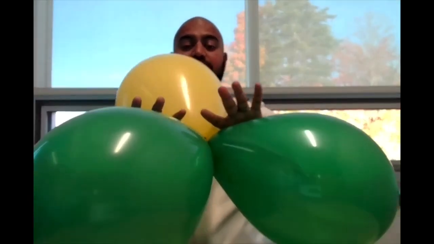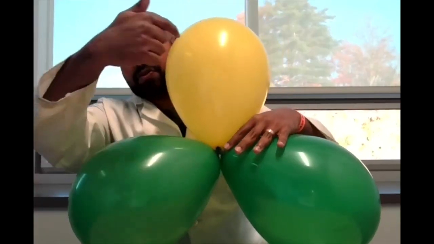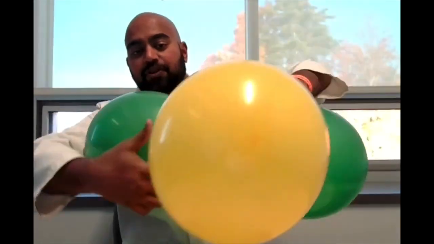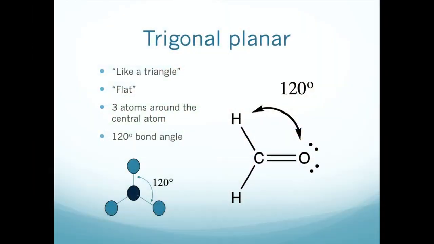And here we have a trigonal planar molecule. So as you can see here, the three atoms form a triangle, and if you look from this angle, they are completely flat. Okay, so that's why it has the name trigonal planar.